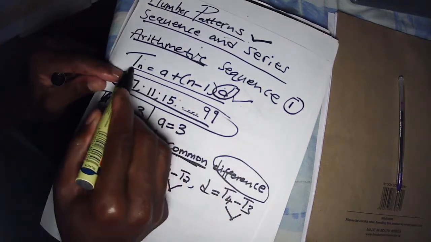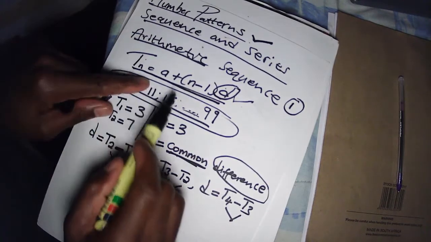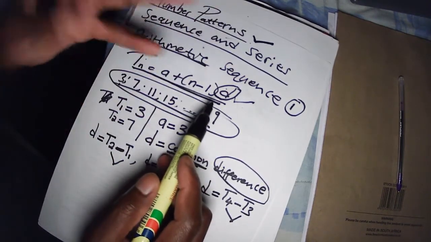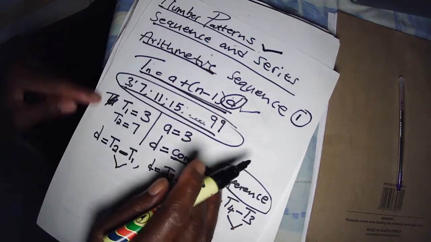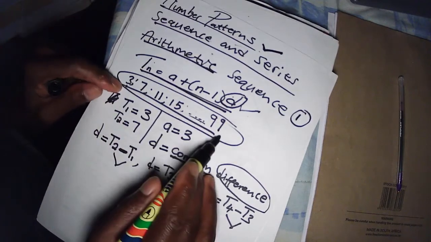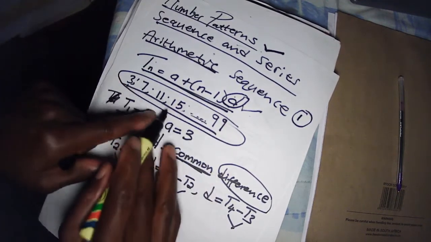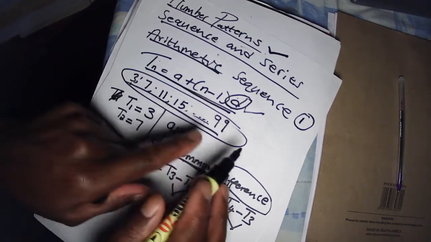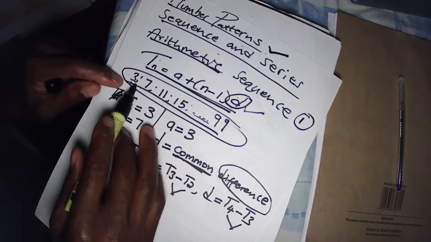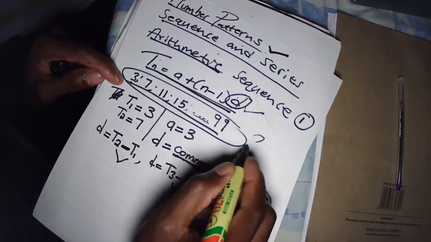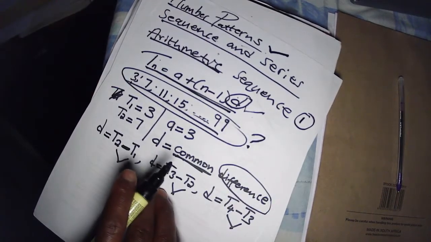It is denoted by this formula: Tn is equal to a plus bracket n minus 1 close bracket d. Okay, so we have an example here of the arithmetic sequence: 3, 7, 11, 15 and up to 99. How do we know that this is the arithmetic sequence? I just said this is the arithmetic sequence, but how do I know?